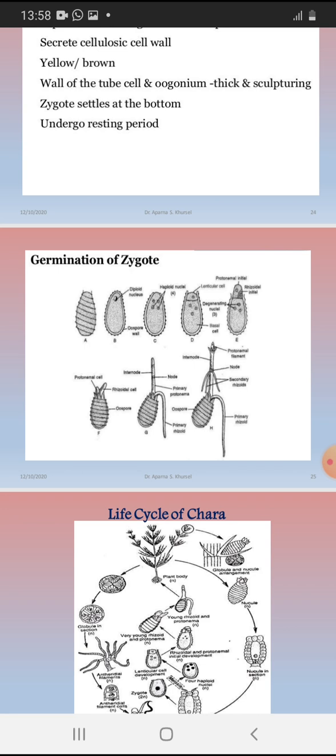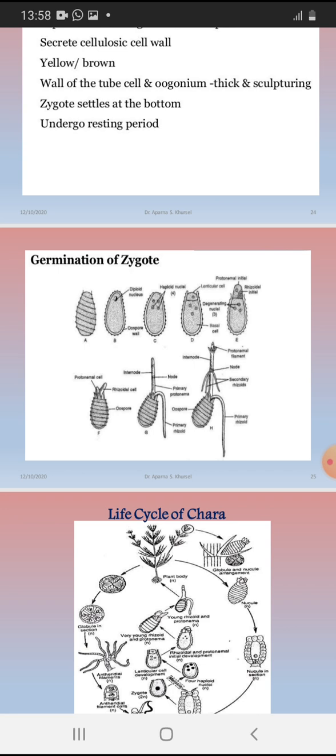and the upper haploid nucleus germinates into 2 types of cell or 2 types of initial, that is first is rhizoidal initial and other is primary protonema.